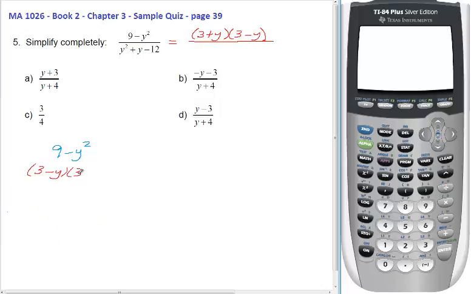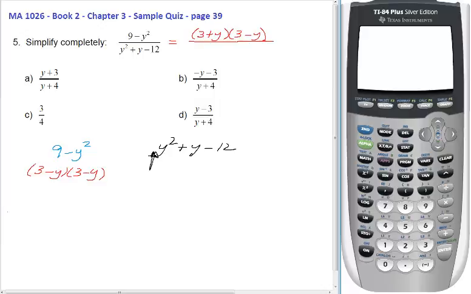Now, what are the factors for the other? In this case, a trinomial. So let's look at the denominator now: y squared plus y minus 12. I call this a simple trinomial because the coefficient of the squared term is 1.